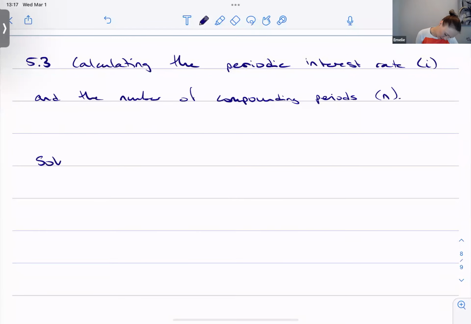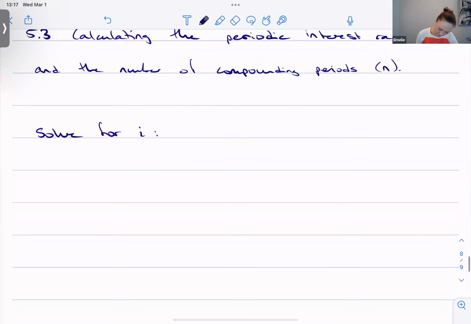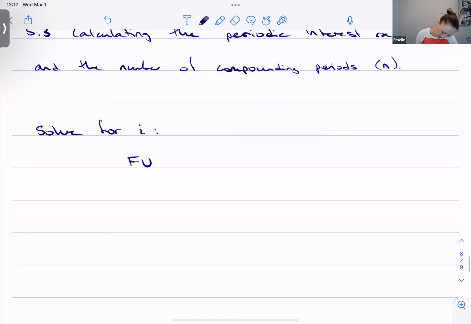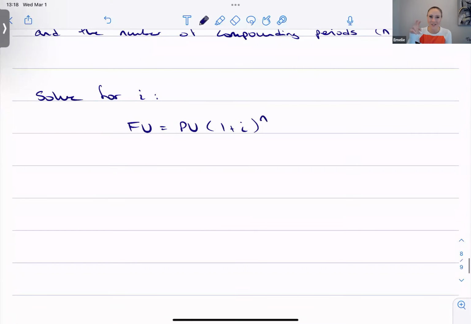Okay, so we'll start by solving for I. The future value is the present value times 1 plus I to the power of n. So I is inside the brackets and it's being raised to the power of n. And so what do we need to do? Well, I need to do a little bit more work to shake out that power of n. How do we undo powers? We use roots, right? The nth root in this case.